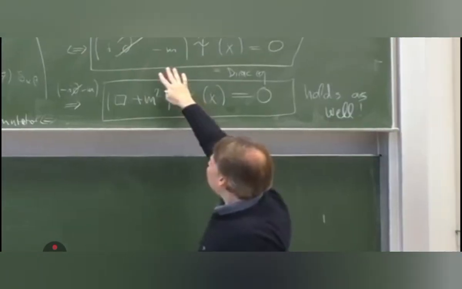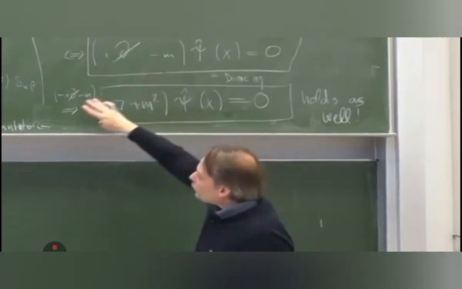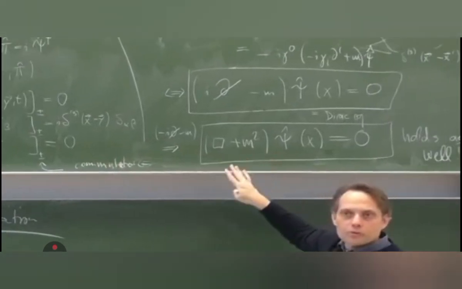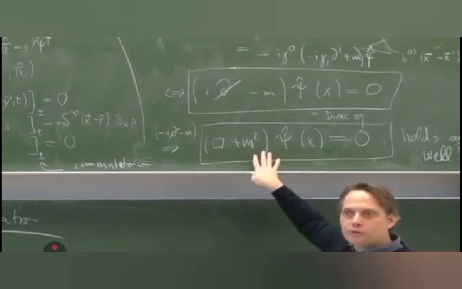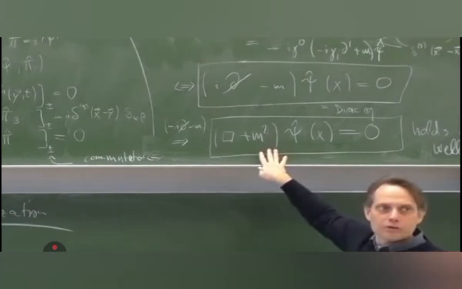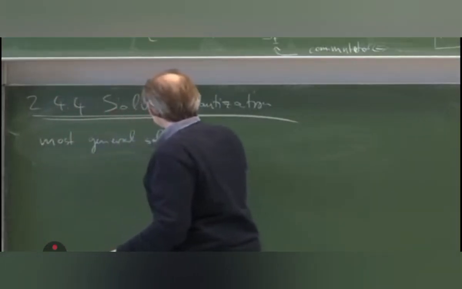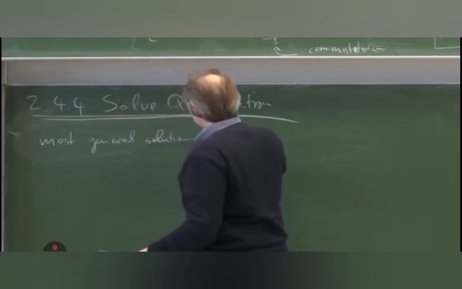We need to satisfy the Dirac equation, the commutation relations, and the Klein-Gordon equation. And we have already solved the Klein-Gordon equation in a very general way, and so we can start with this. And so let us therefore write down, first of all, the most general solution of the Klein-Gordon equation.